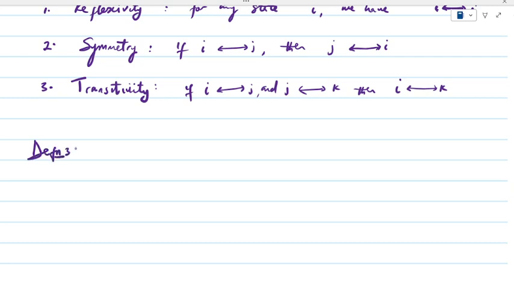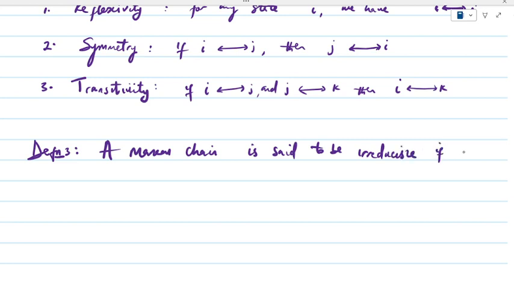Definition 3: a Markov chain is said to be irreducible if it consists of only one communicating class, and that is, all states communicate with each other.